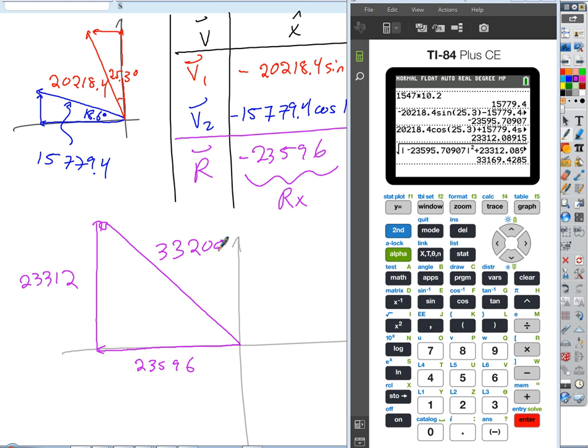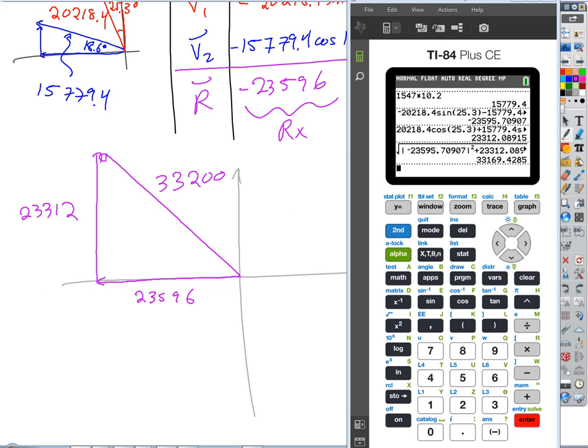Okay, all right, and to get theta, what do we do? So to get theta, we're just gonna take the arc tangent of that number divided by that number. Once again, they gotta be positive, right? So we'll go second tangent, absolute value.